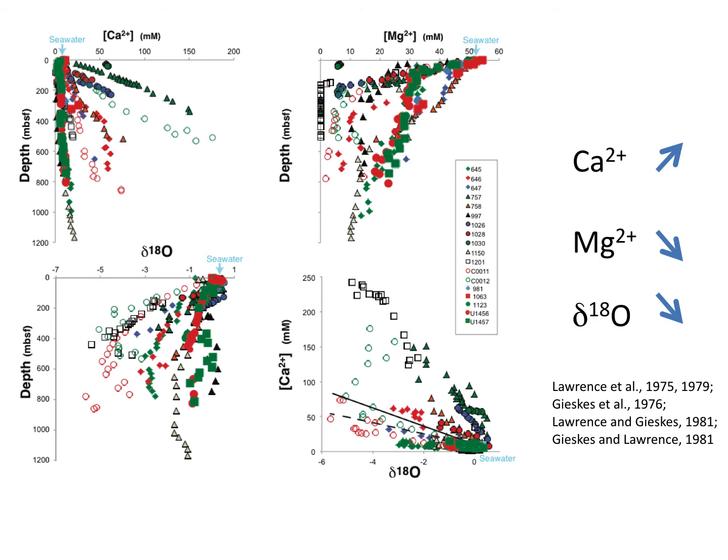However, in many cases, this process is not intense enough to explain the magnitude of the decrease in O18 and the increase in calcium. As a consequence, the flow of calcium- and O18-depleted water from below, that is, from the underlying basalts, is invoked.